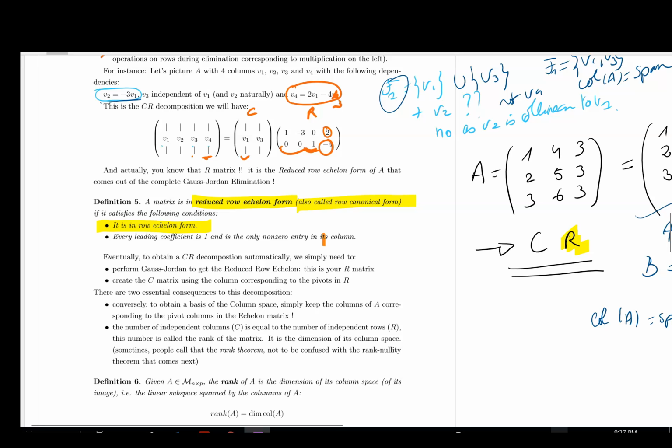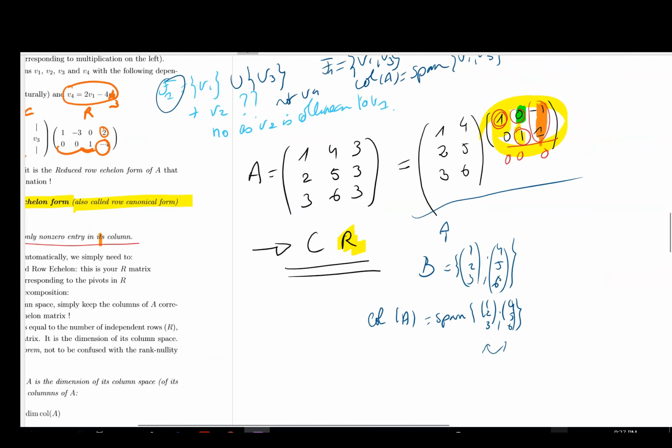So it's in row echelon form, and every leading coefficient is 1, so it has been normalized. Not like before, when we didn't normalize anything and the product of the pivots would be equal to the determinant. Here we have 1. Only ones, and it's the only non-zero entry in its column, meaning above and below we get zeros.